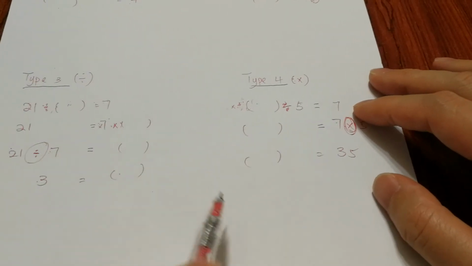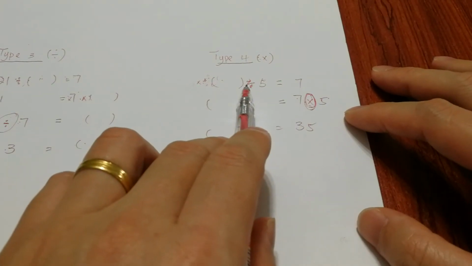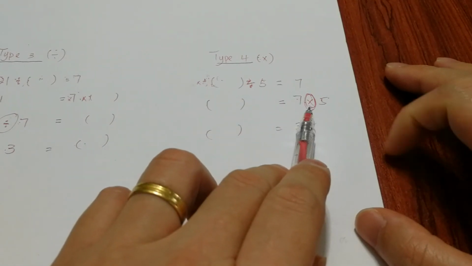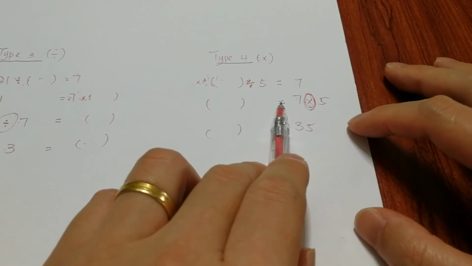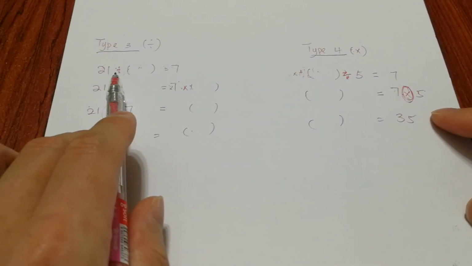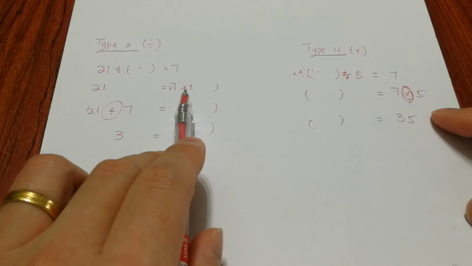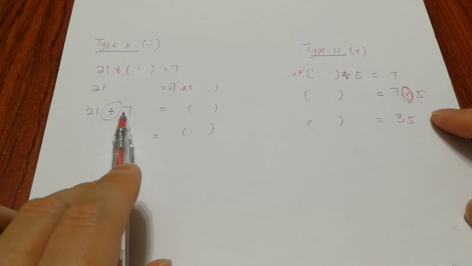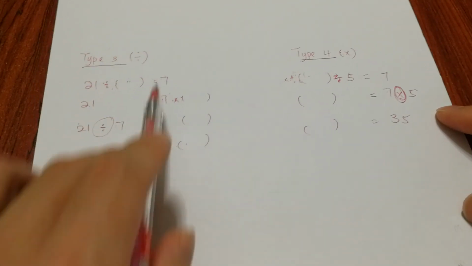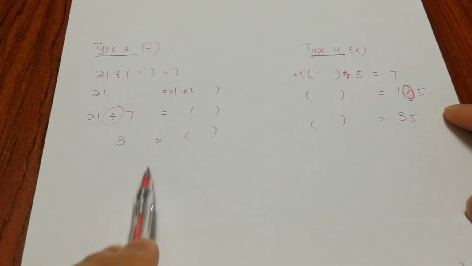And second thing you must remember, when we move divide to the other side, it becomes times because our equal is our middle. So divide will become times. Times will become divide. See, because we move, the middle is always here at the equal sign.